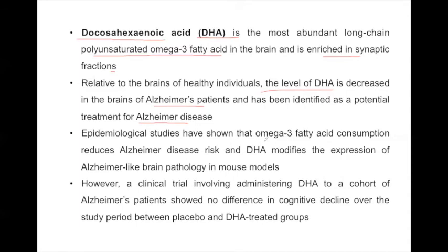What they found is that omega-3 fatty acid consumption reduces Alzheimer's disease risk, and DHA modifies the expression of Alzheimer-like brain pathology in mouse models. Unfortunately, however, giving DHA to a cohort of Alzheimer's patients showed no difference in cognitive decline over the study period.